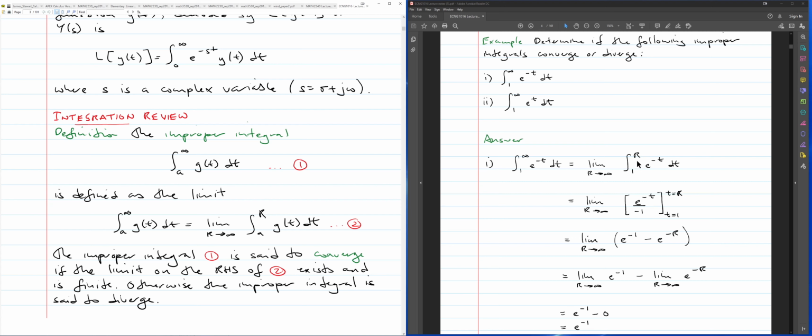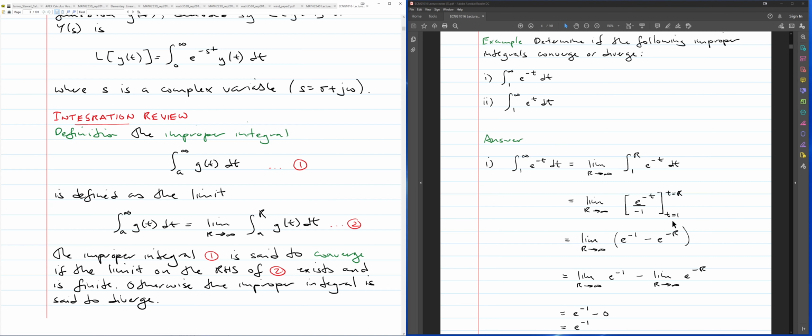Then you put in your limits of integration, t is equal to 1 and t is equal to r. You're treating r as if it's a constant. When I put in t is equal to r, I get minus e to the minus r. Then when I put in t is equal to 1, it's e to the minus 1.